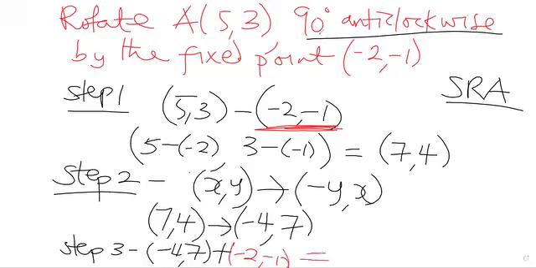It's going to be -4 plus -2, which is -6. Then 7 plus -1, which is 6. So the image is (-6, 6). And that is what you are going to plot. Are we there? Do you get it? Any question? Yes. Any question?